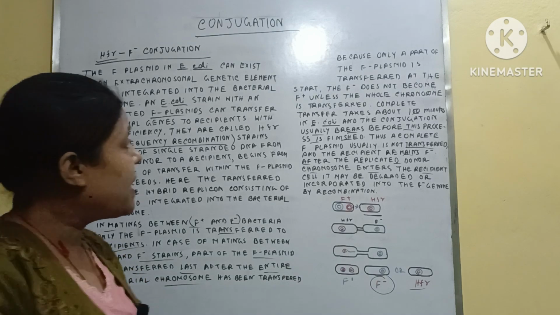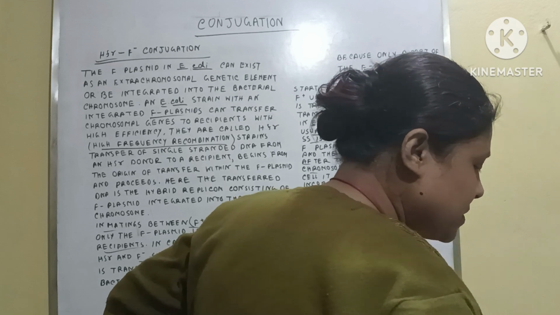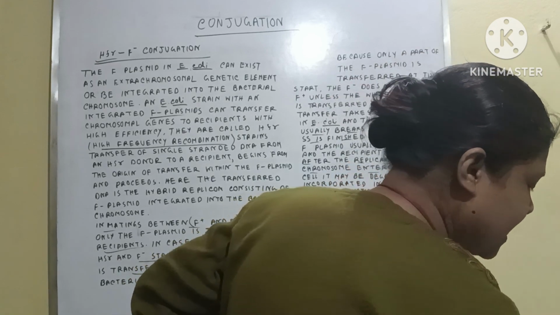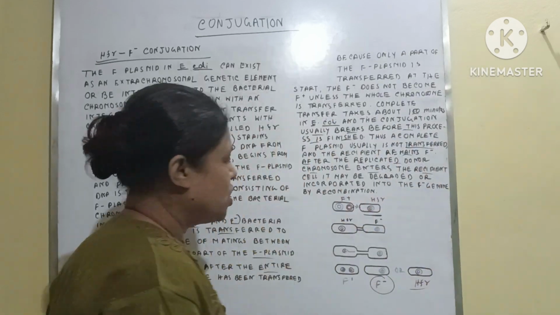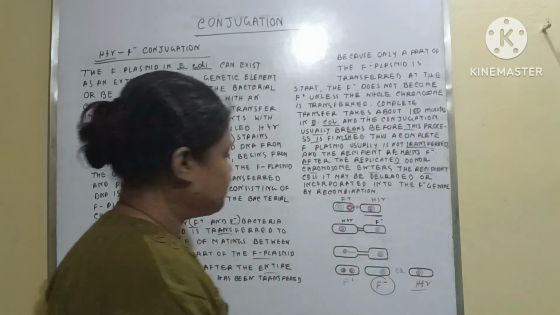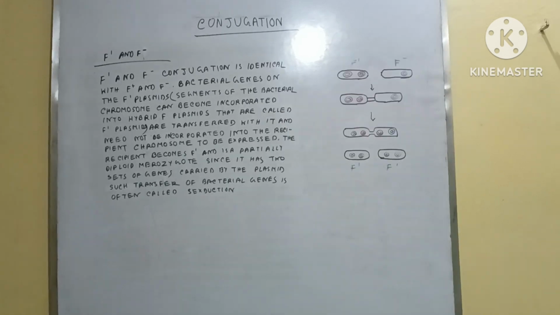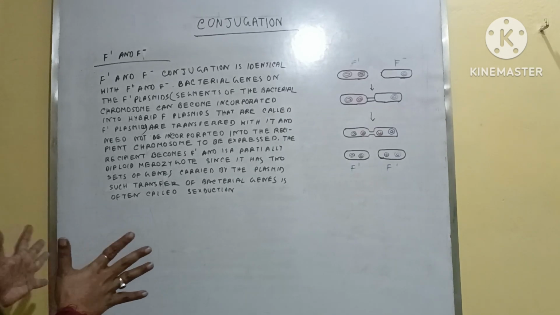So the next part is that I will try to explain the conjugation process between F dash and F minus. So next process is F dash and F minus conjugation.